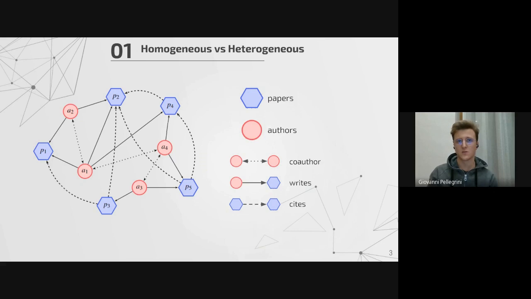As we have seen so far in the homogeneous graph representation, we can store the nodes in a matrix, and we can use another matrix to represent the edges.